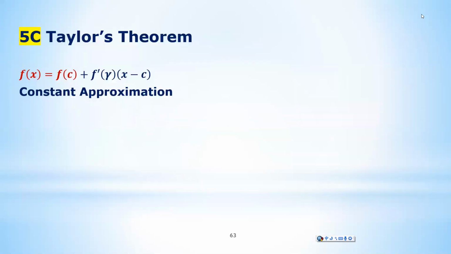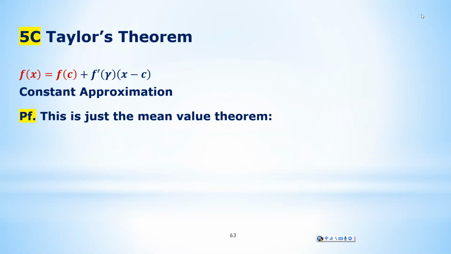The first case we want to prove is the constant approximation. Why is this true, and why is there a gamma to make this happen? It's not difficult, because this is just the mean value theorem and nothing else.